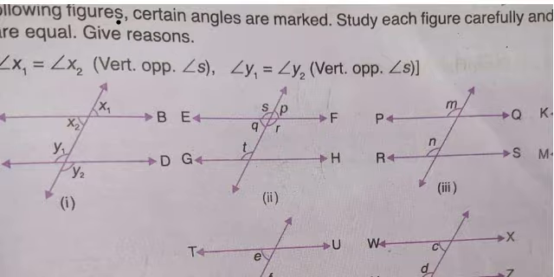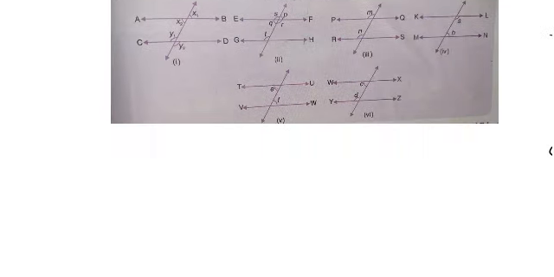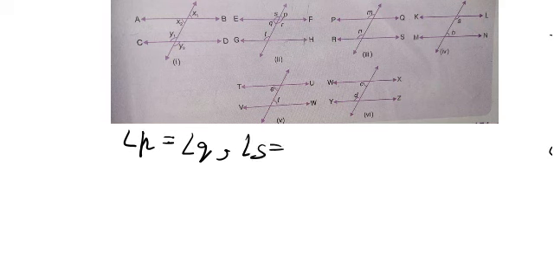So we write here that angle P is equal to angle Q, and also the second pair, angle S is equal to angle R, and the reason is again vertically opposite angles.